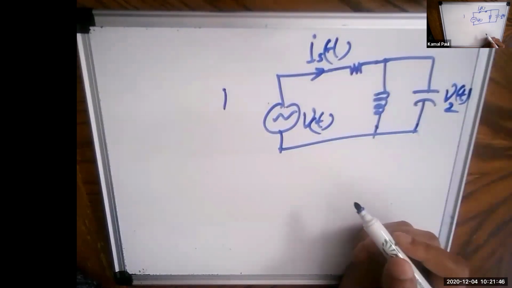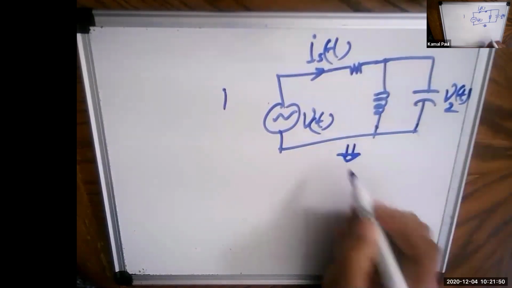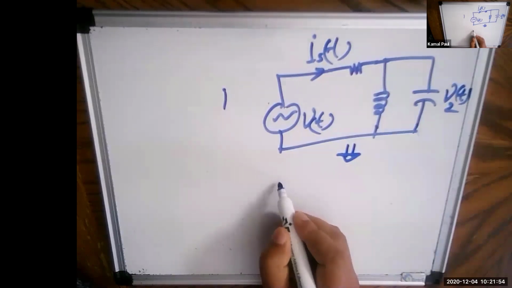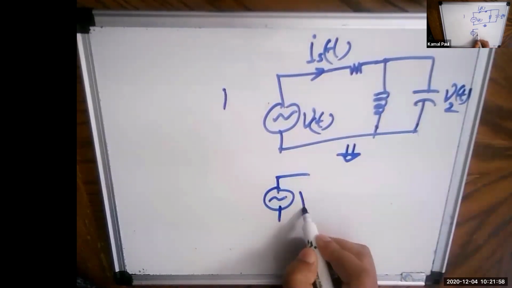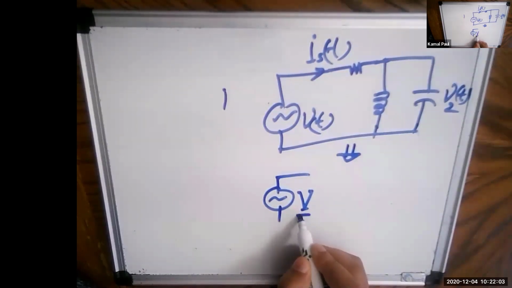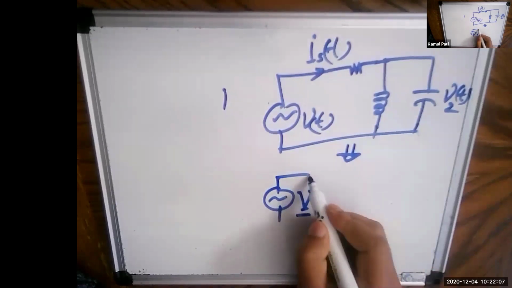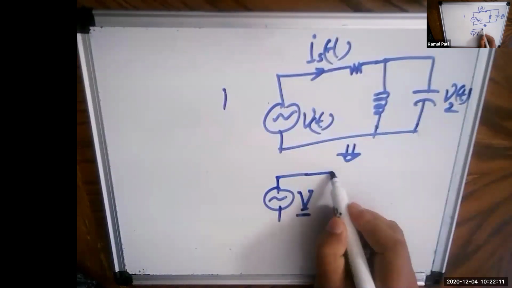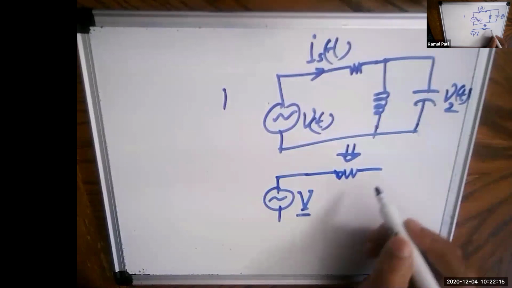Time series value. The first step is to convert these things into another form. This is a vector, right? So I'm putting an underline here, an underscore kind of thing, so that this is a vector. At first, you have to convert these values into vector form and then solve it using phasor algebra.